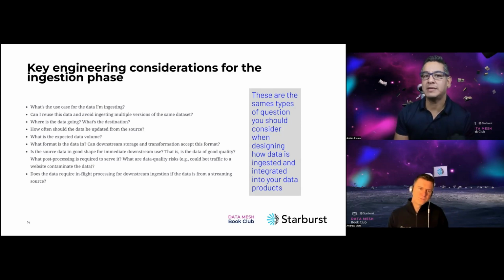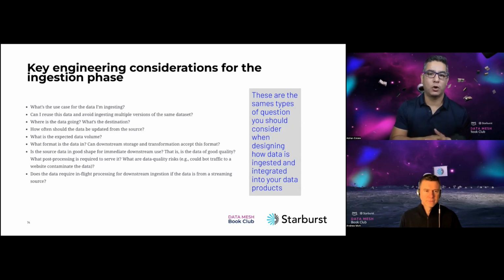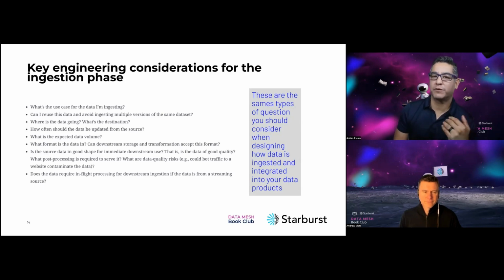If I'm meeting with a domain team: what's the use case for the data you're going to need? How often are you going to reuse this data within this domain? What other domains might want to reuse it? How is the data going to be used, and where is it going? If we make this data available to the domain, are you using it for dashboards, ML engines, or applications? And how much data are we talking about? I thought it was a very useful list if you're having domain design conversations.